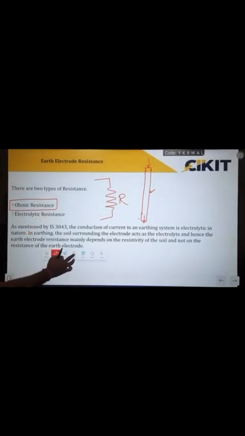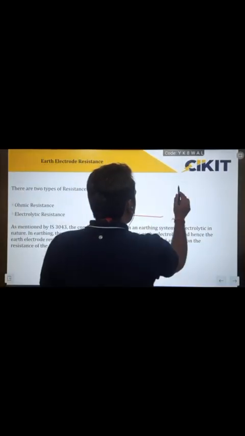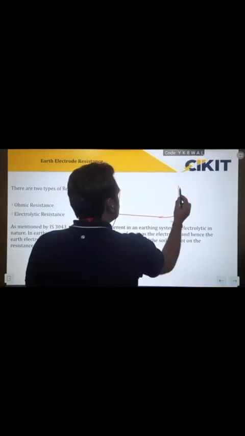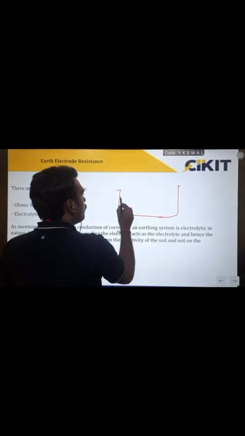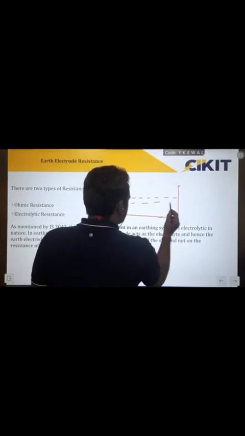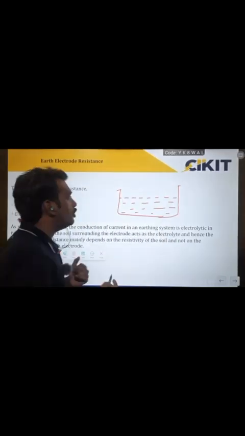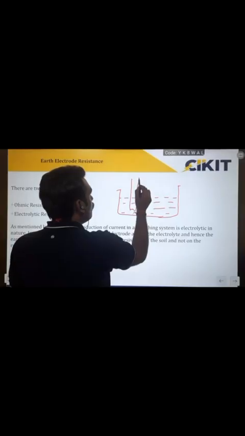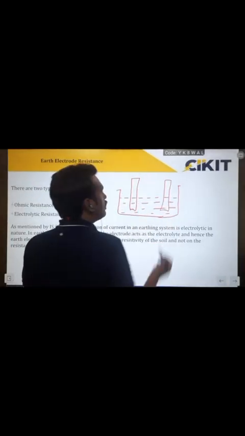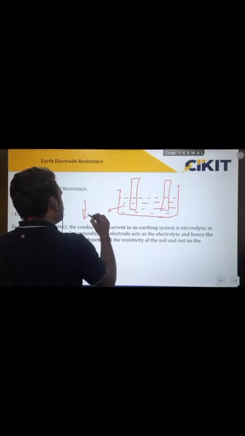There is one more resistance, called electrolytic resistance. Everyone might be aware of batteries and cells. Cells are the fundamental component of any battery. This is how a cell, an earlier primary cell, will look. It consists of two electrodes, and these two electrodes are inserted into a conductive material called electrolyte.